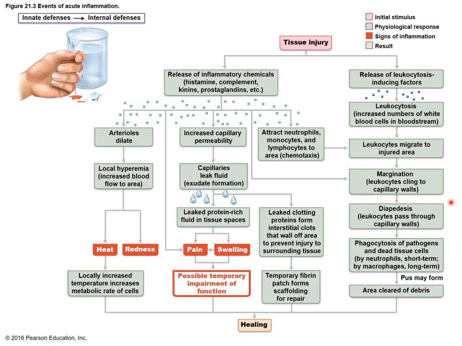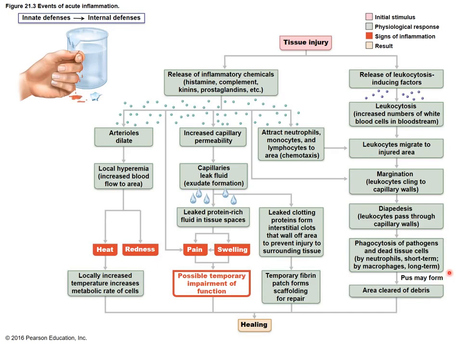The marginization squeezes through the walls, is attracted towards the cells, and the neutrophils are going to be short-term, macrophages are long-term. They are going to start cleaning up your damaged tissue cells. They're going to phagocytose the pathogens. Basically, they're attacking and also cleanup group.